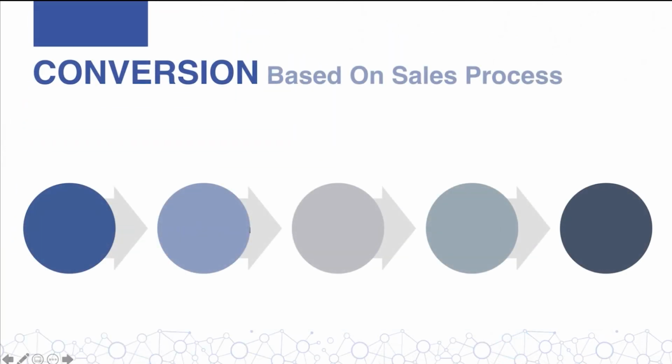Okay, now conversions based on your sales process. Now, what does this mean again? So what I showed a glimpse of earlier was a simple sales process using a webinar funnel. Now, your sales process could be an application funnel. It could be a free plus shipping funnel.